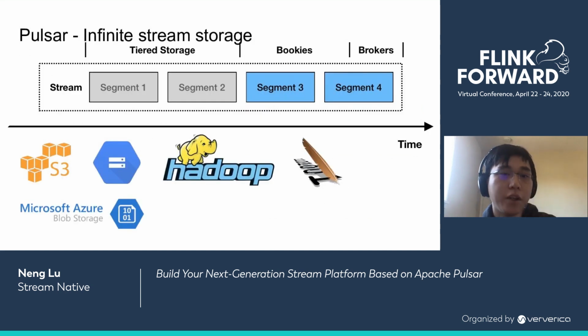Yes. So here we actually have 3 different storage tiers, as the time axis shows. This is the most recent time. We have brokers holding some data, receiving from the producer and serving the consumers, which is maybe segment 4. Notice this segment might be incomplete. It's still being appended with new data. For the second most recent data, we put it into BookKeeper.